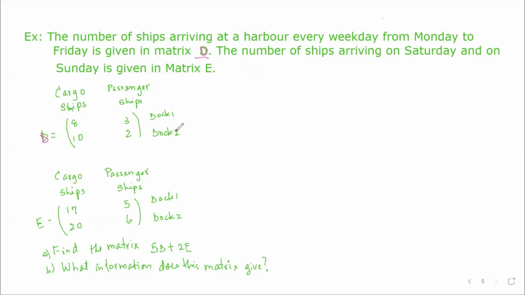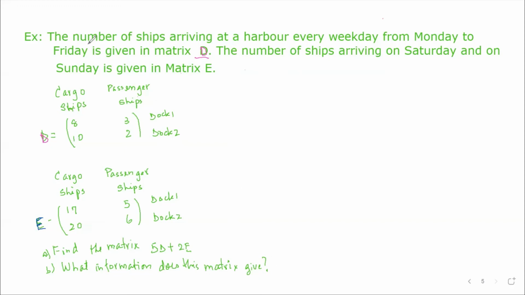And matrix E, I give in blue color here: the cargo ships are 17 and 20, and 5 and 6. The question is: find the number of 5D plus 2E. What information does this matrix give?